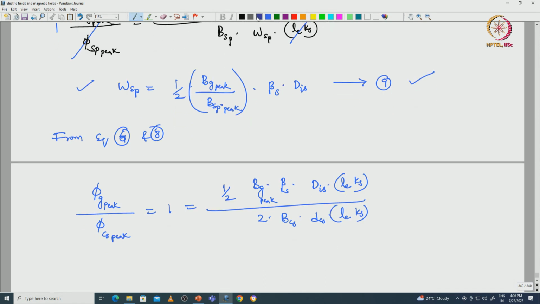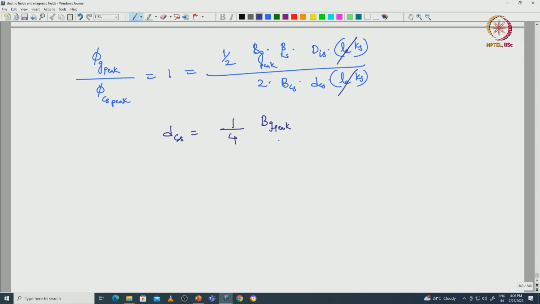So from this equation we can get the final equation for finding the thickness or width of the back iron. DCS is equal to 1 by 4, Bg peak value divided by the flux density at the back iron peak value, into beta S into dis.